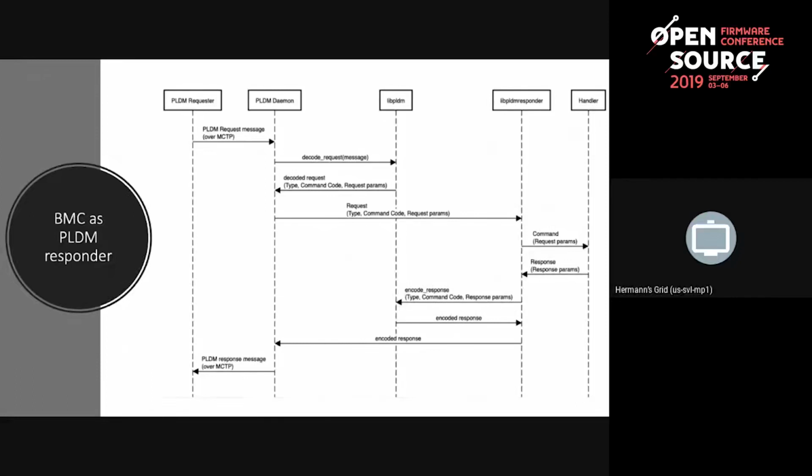So if the BMC is acting as the requester, then the specific BMC application implementing a certain requester functionality can make use of libPLDM to encode outgoing requests. I actually have a slide on the requester flow as well. We'll look at that.